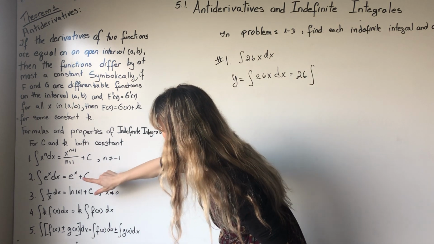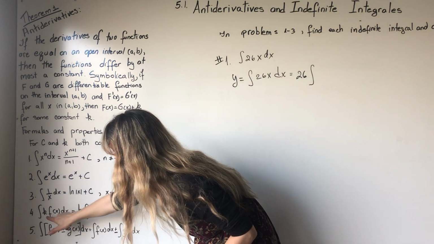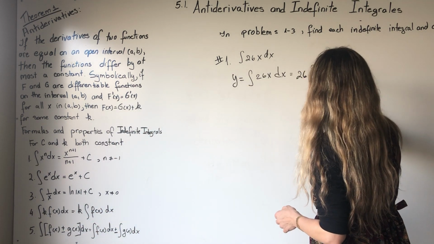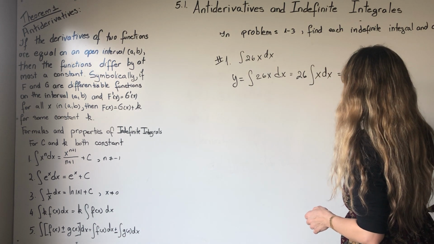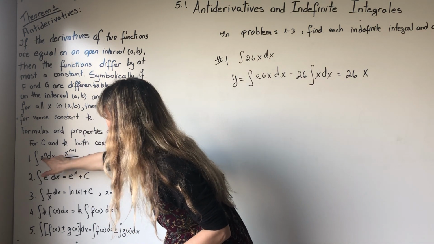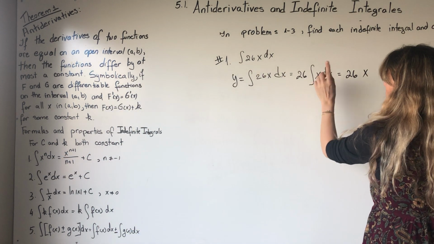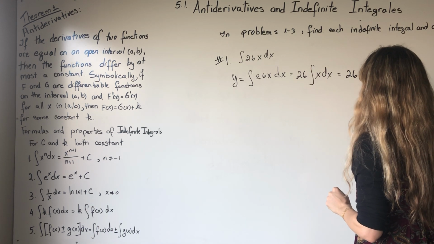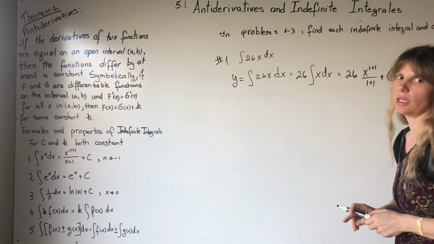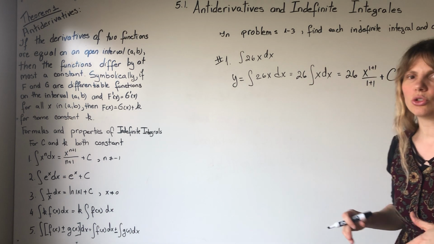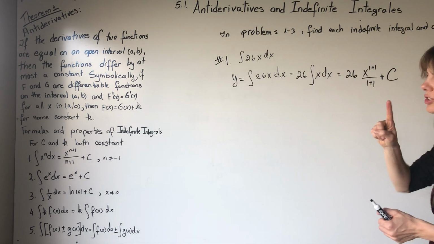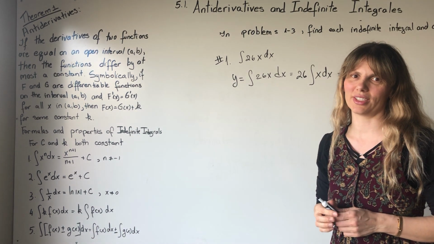We can use number 4 because we have the constant, so we can put the constant in the front, and then we have x dx. What do I have to do here? I have to see what power x is at. My x is at the power 1, so I have x to the 1 plus 1 over 1 plus 1, correct? And then plus c. Don't forget that c, because you do have infinitely many solutions, and if you choose just one, that's not sufficient, is it?